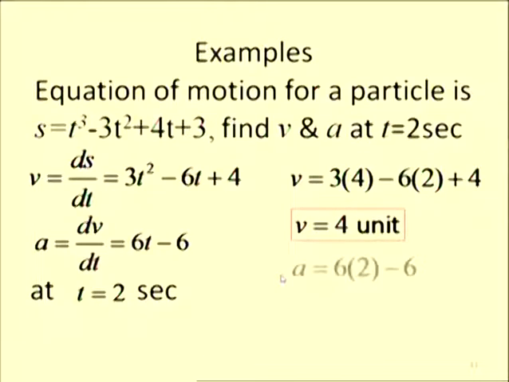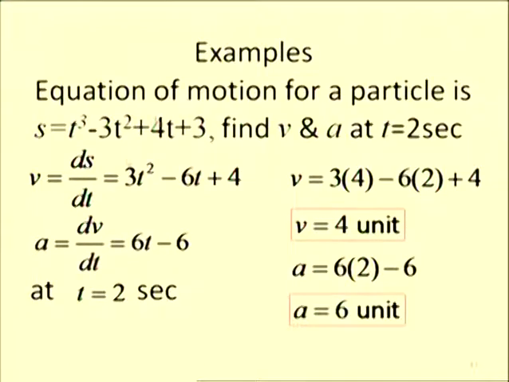So v is equal to 4 unit. Acceleration a, if we put t is equal to 2 here, 6 into 2 minus 6, so it is 12 minus 6, so it is 6. So we have v is equal to 4 unit at t is equal to 2 second, and a is equal to 6 unit at t is equal to 2 second.